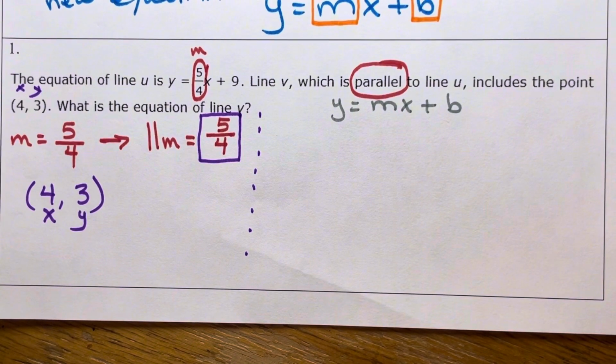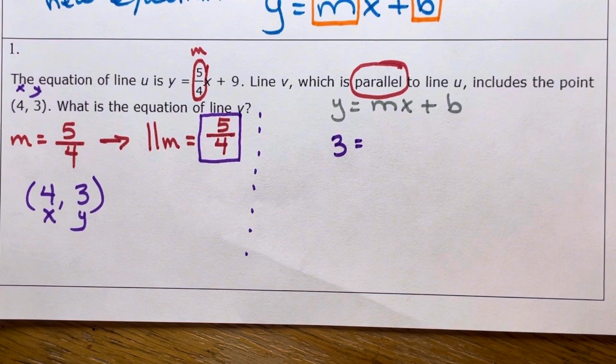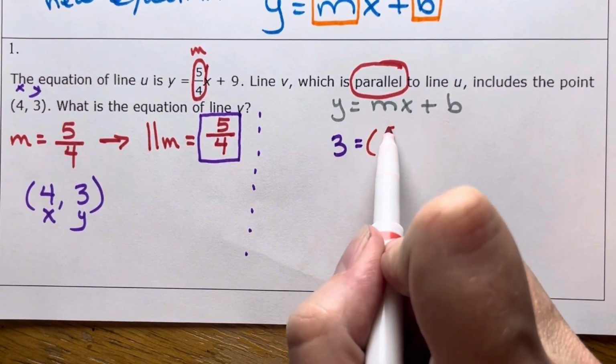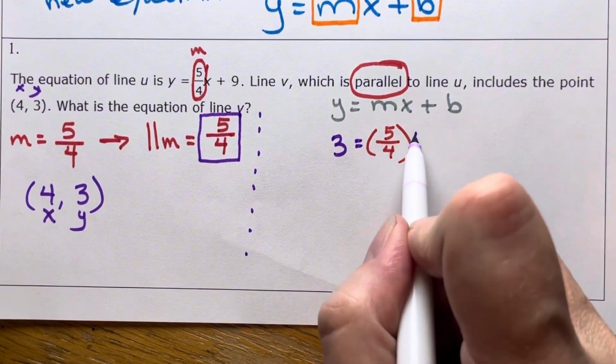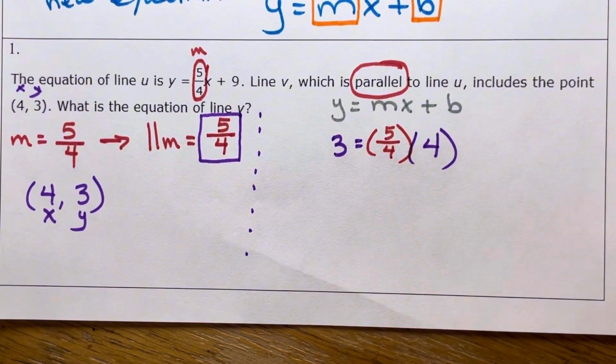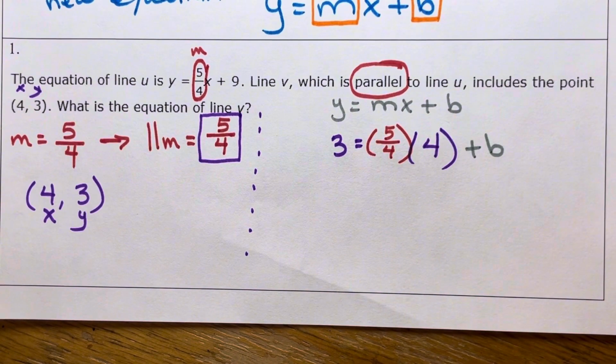Plugging in our numbers, we have 3 equals our slope of 5/4 times 4 plus b. And we need to solve for b.